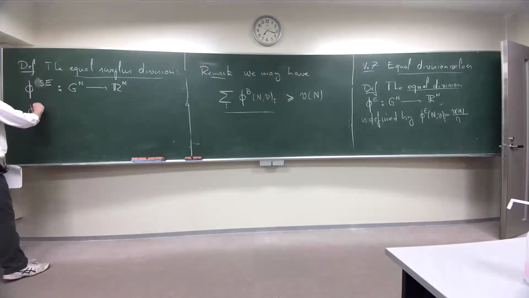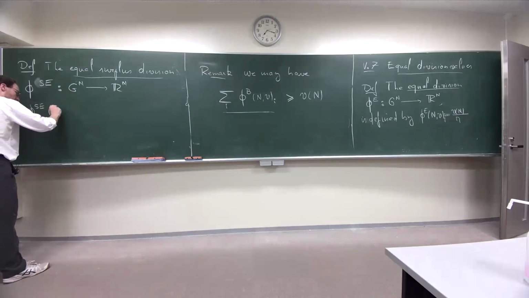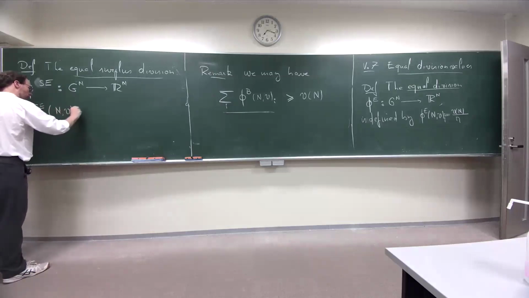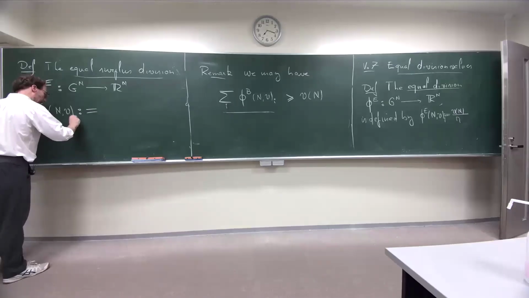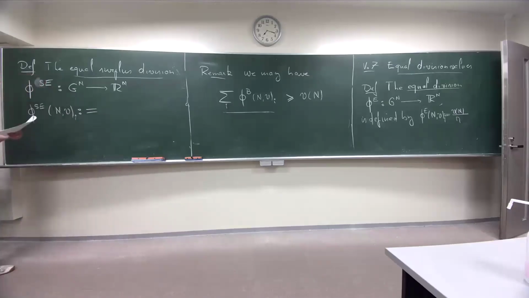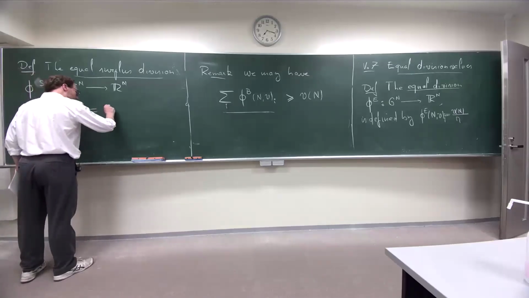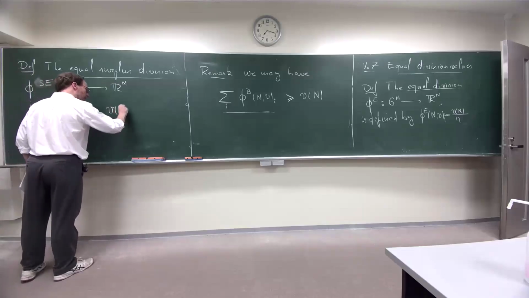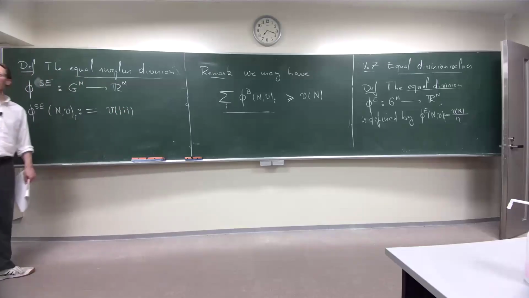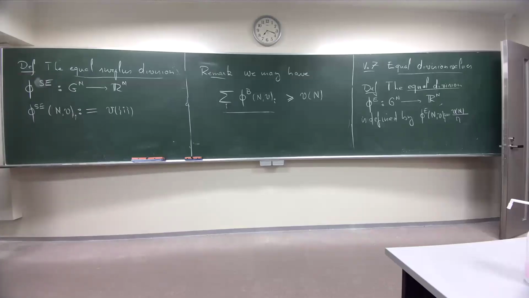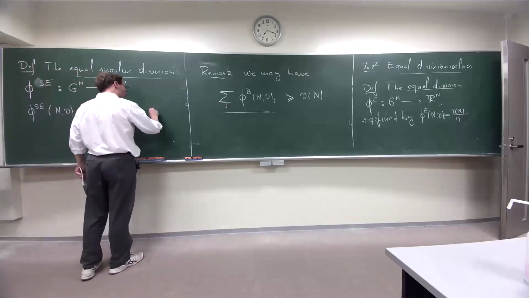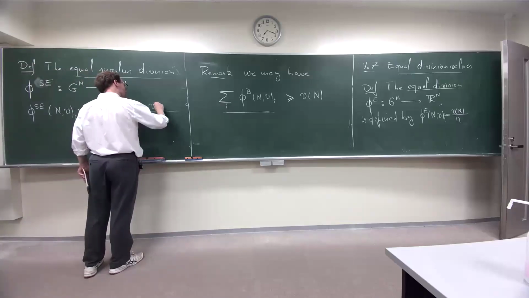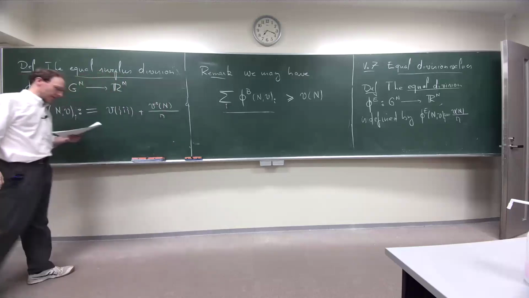Phi SE of a game NV, entry i, is: every player gets what they can get without interacting with the other players, plus what is called V0 of n divided by n.